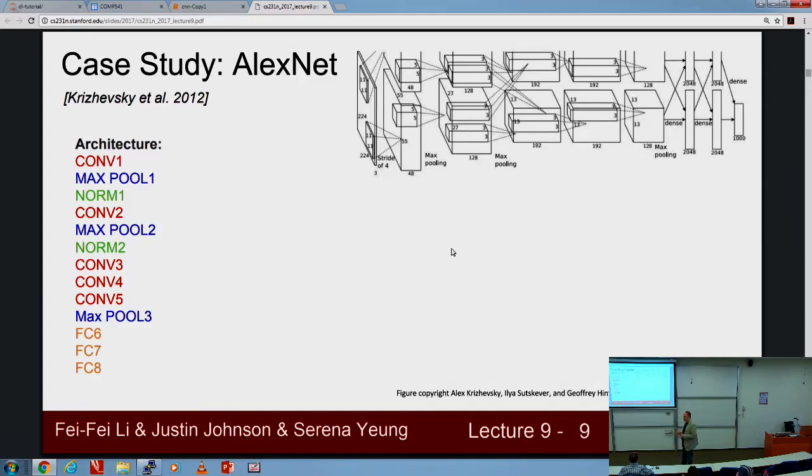The only commonly used normalization these days is batch normalization, so that's the only thing you're responsible for in this class. This is an old, like 5-year-old, normalization operation. Then convolution 2, max pool 2, another normalization layer, and then 3 convolutional layers on top of each other without any pooling in between. Each one is followed by, of course, bias and relu, but no pooling.